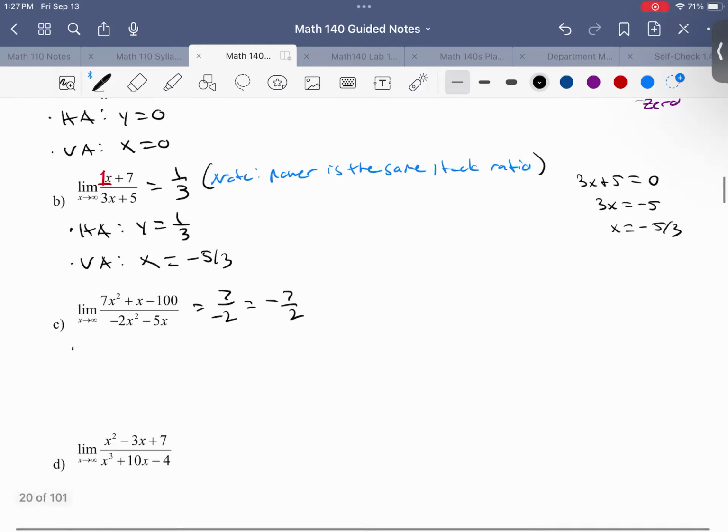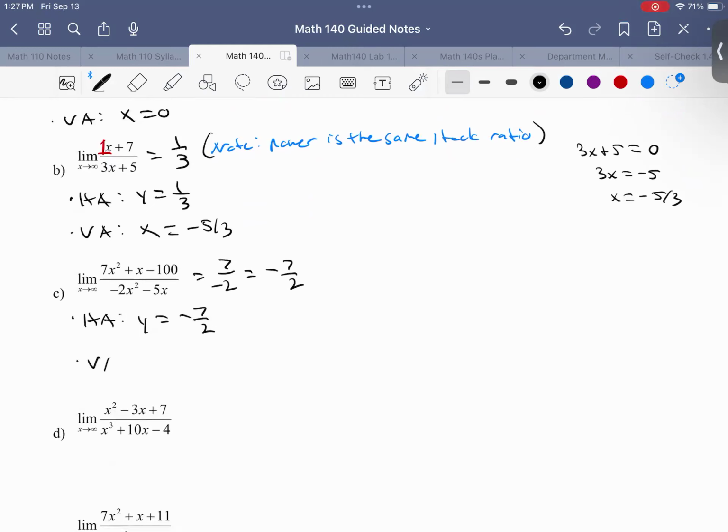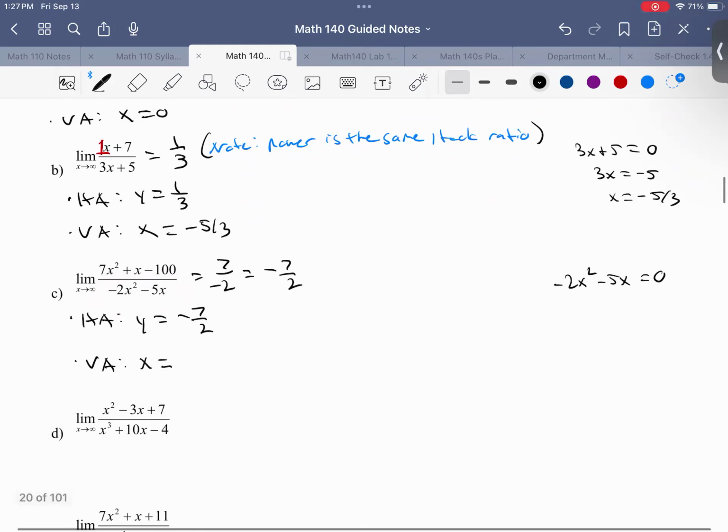Okay. And then likewise, our vertical asymptote is going to be whatever makes the bottom 0. So we'll just go off to the side and write, -2x squared minus 5x equals 0. So we might get two values here. So what I'm going to do is factor out an x, x times -2x minus 5 equals 0, and just solve for both of these individually.